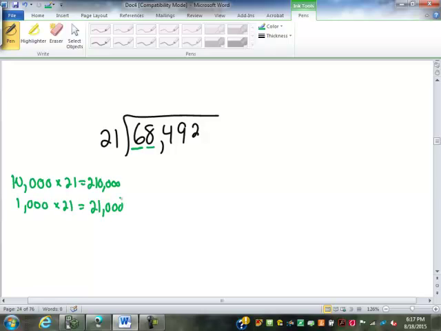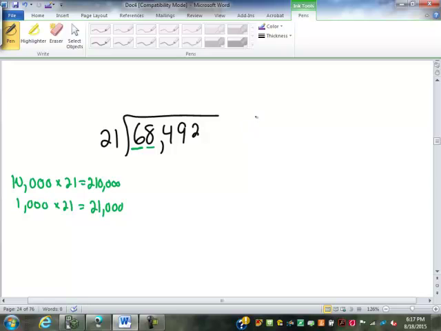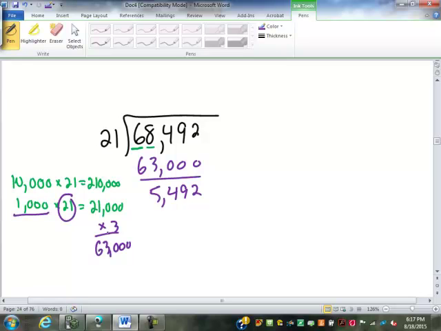Can I subtract that from 68,000? Yes, I can. In fact, I can subtract it more than once. How many times can I subtract it? 3 times. Very good. It'll be 63,000, which would give me 5,492. Now what I really just did there is I subtracted 21 1,000 times 3, or 3,000 times.